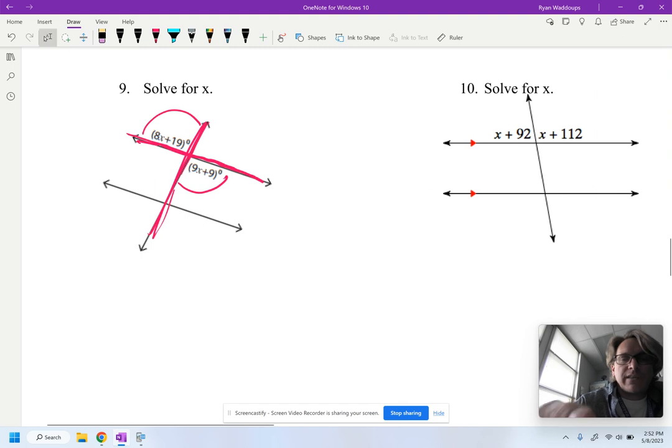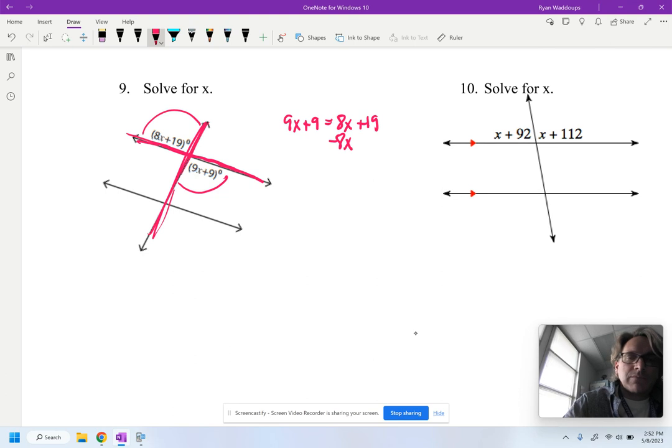So our equation then we could say is 9x plus 9 equals 8x plus 19. And then I can subtract 8x from both sides of my equal sign. And because I'm taking the variables to the left, I'm going to take the constants to the right. I'm going to say minus 9. That cancels the constants. 9x minus 8x is simply x. And 19 minus 9 is 10.